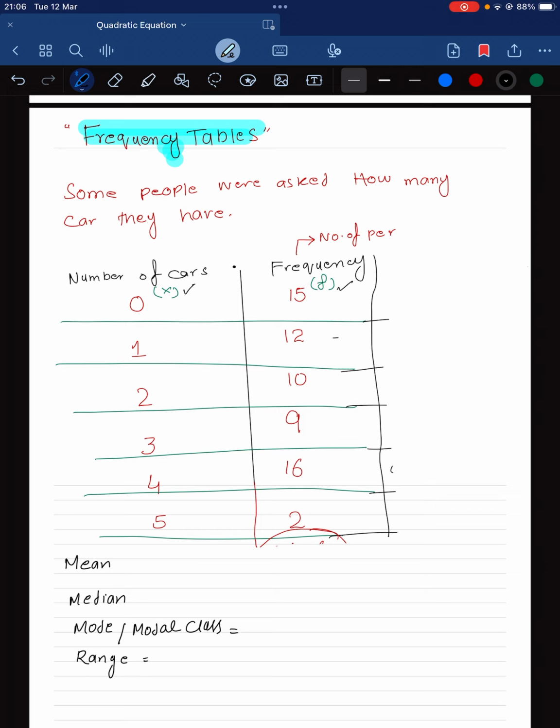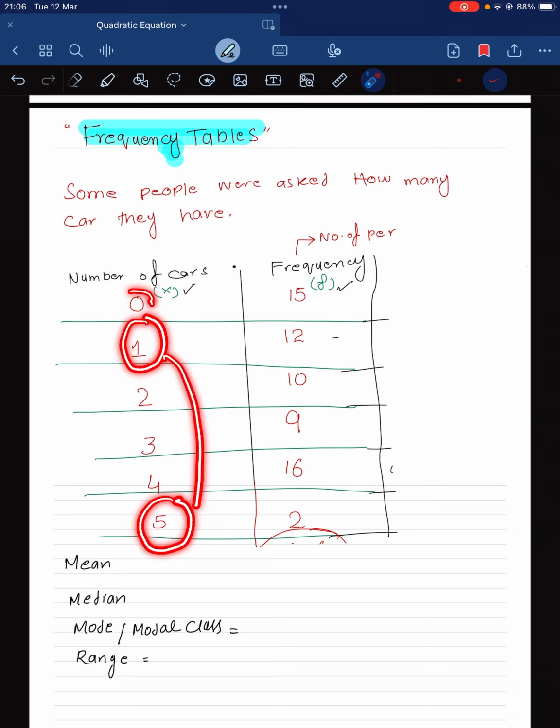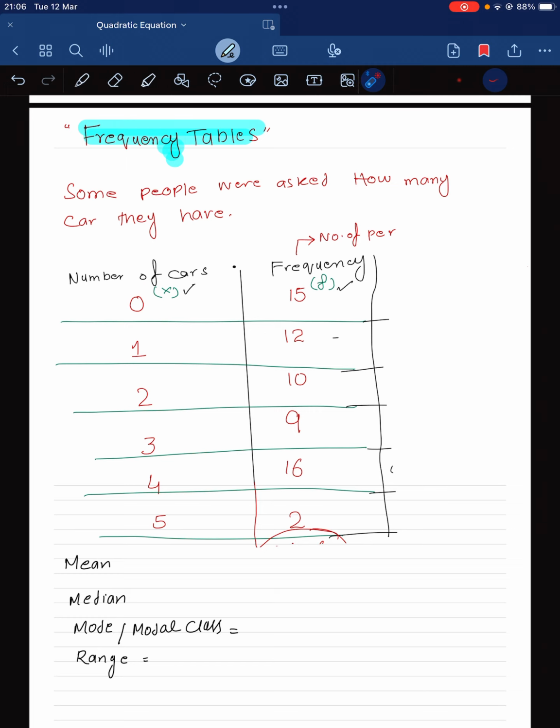Range is basically the maximum value minus the minimum value. Not the maximum value of the frequency, it's the maximum number of cars. The maximum number of cars is 5 and the minimum number of cars is 0, so we subtract them: 5 minus 0.